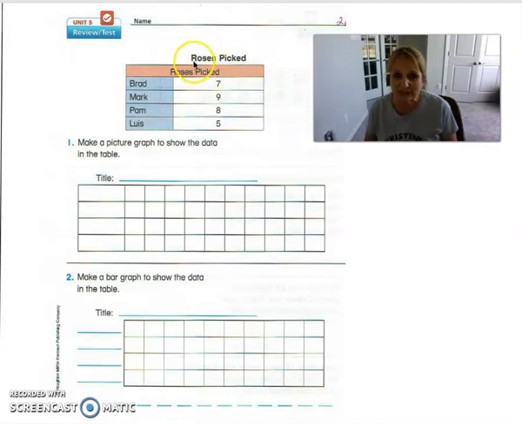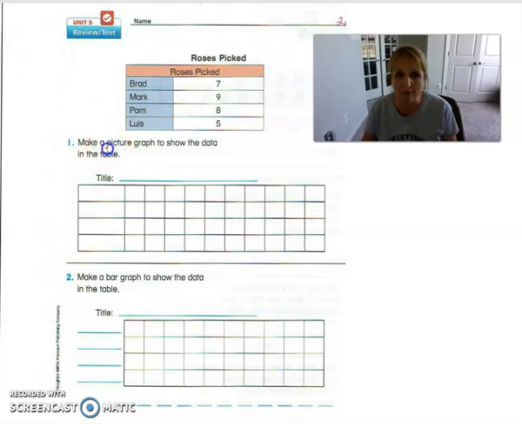We're going to look at our data that was collected. This is our table, and it has the data about roses picked. These are the kids who picked roses: Brad, Mark, Pam, and Lewis, and this is how many roses they picked. On number 1, I want you to make a picture graph, and remember that for a picture graph, you need to draw the pictures.